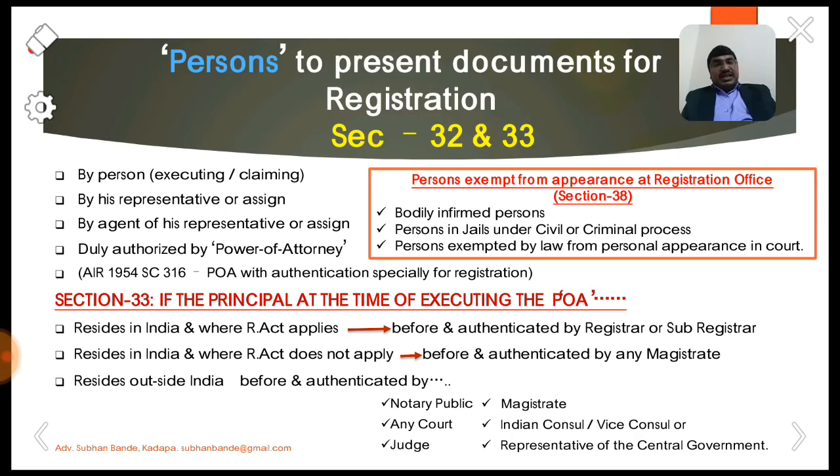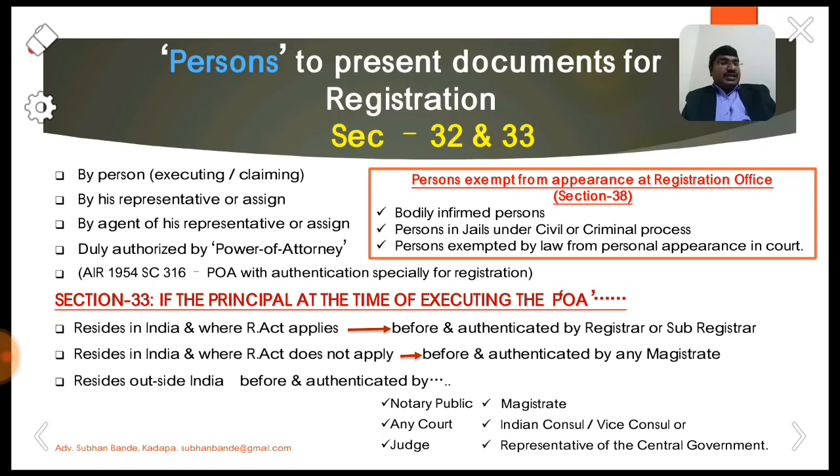According to section 33, if the principal at the time of executing the power of attorney resides in India and where the Registration Act applies, it should make the special power of attorney before the registrar or sub-registrar and authenticated by the registrar or sub-registrar.